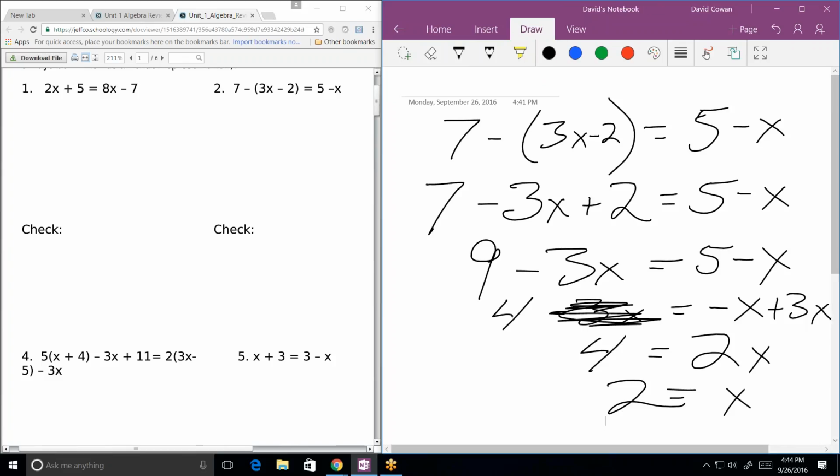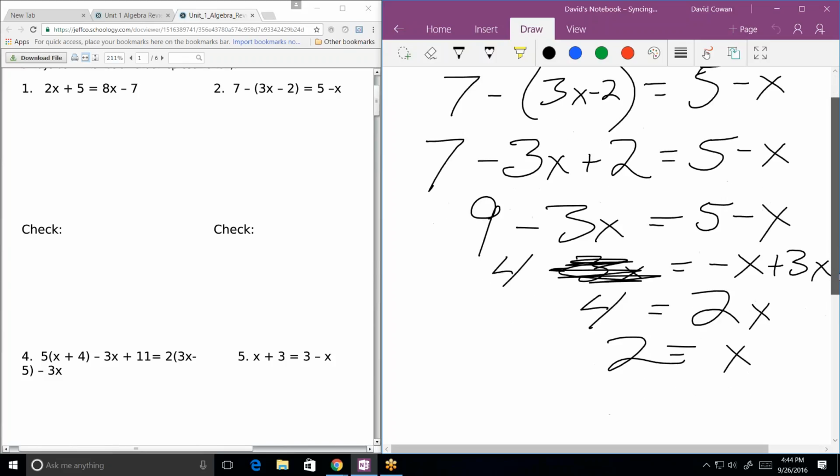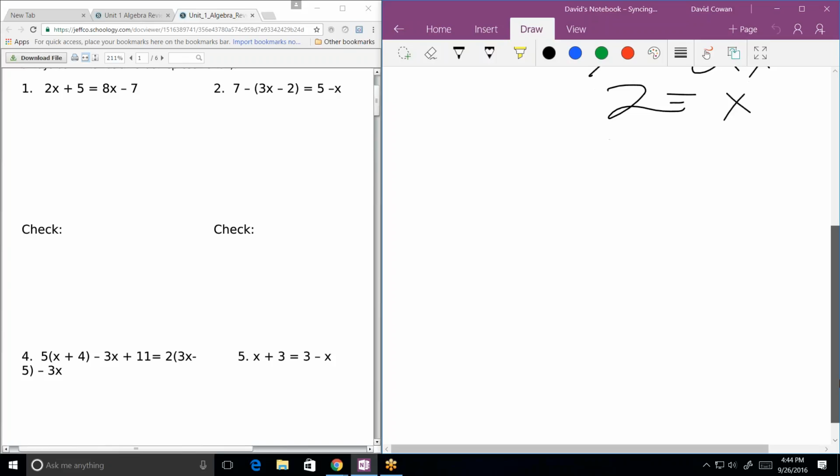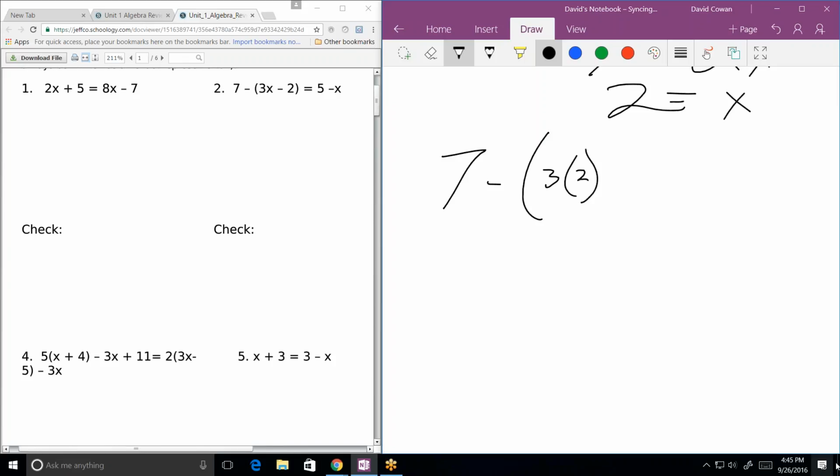Now, I notice they have a check here. So let's check this. I'm saying that x equals 2. Well, does that work? If I plug in 2 for x, is that a proper equation? 7 minus 3 times 2 minus 2, is that equal to 5 minus 2?